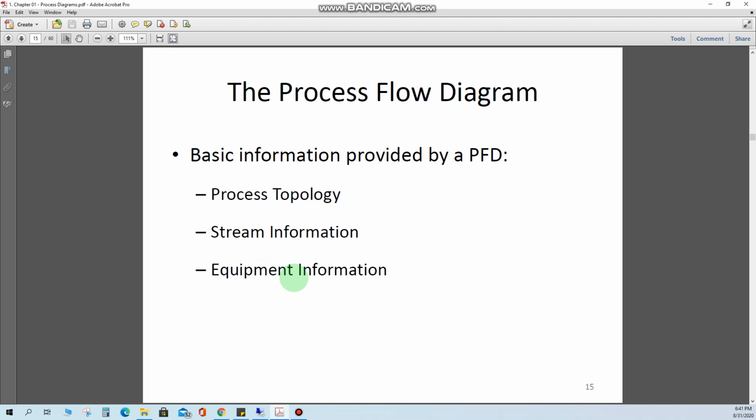If it is a packed column, or some other surface enhancing material is used in that column, and what the reflux ratio is, if you have a total condensing column, what kind of reboiler you are going to use on that distillation column. So depending on each equipment, you should have information about all the pieces that are integrated with that equipment.